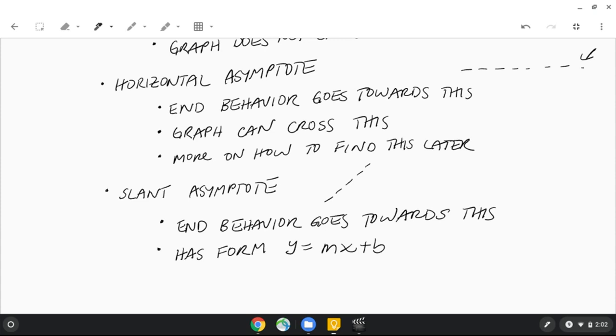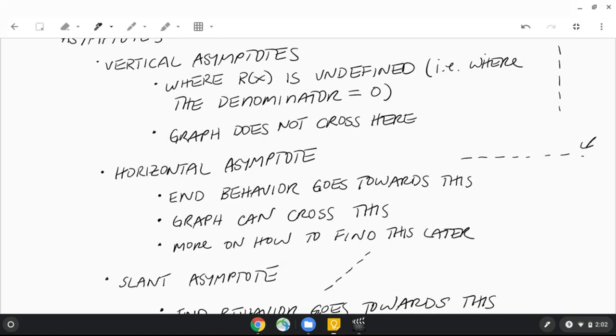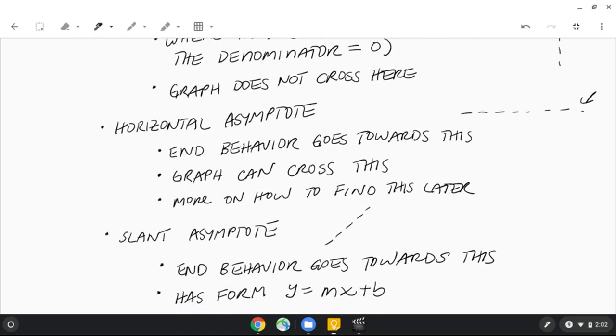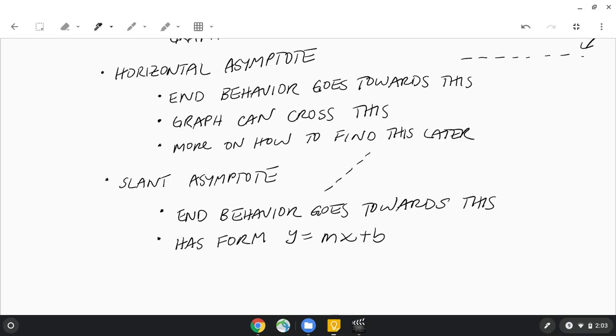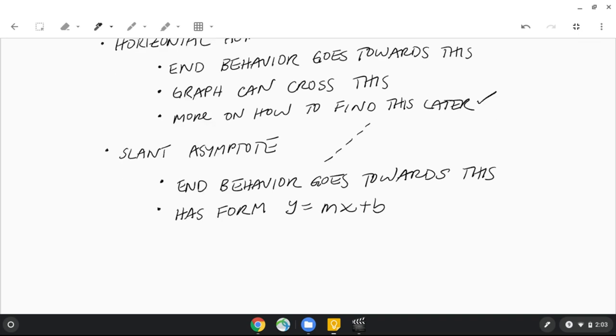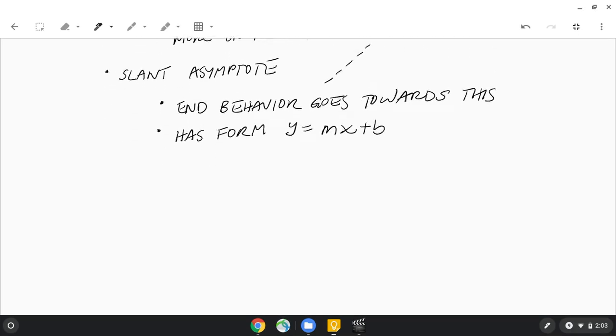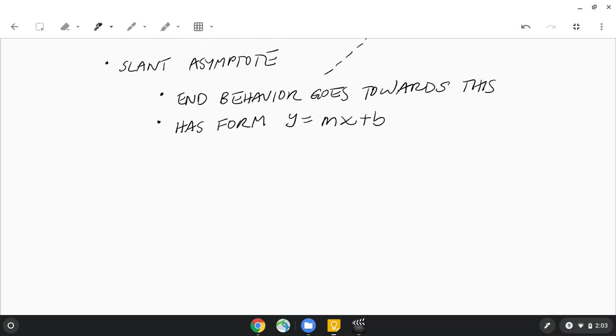Of these three, the vertical asymptote will be easy to identify. It's where the denominator is 0. The horizontal asymptote, I haven't gone over how to find this, but it's also pretty straightforward. I'll show you in a minute. The slant asymptote has this form right here, y equals mx plus b, so this is going to take a little bit of work.